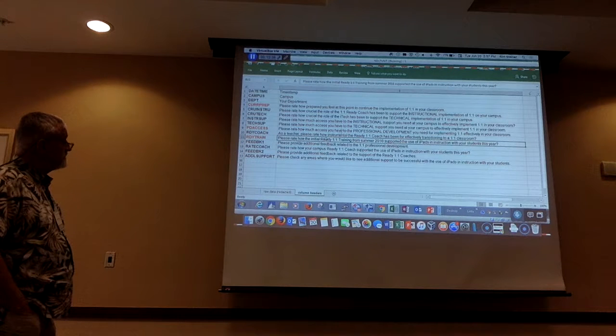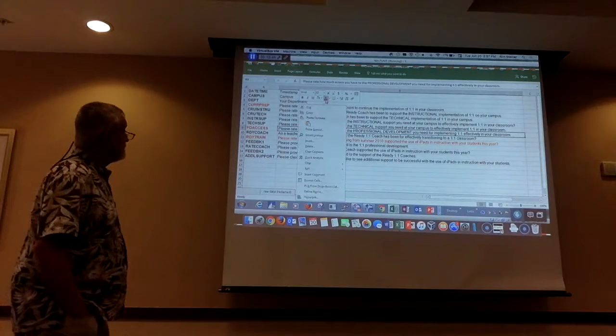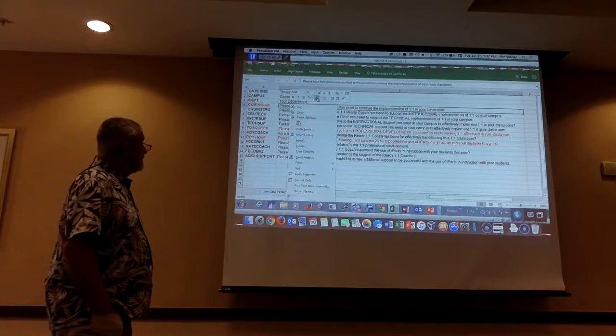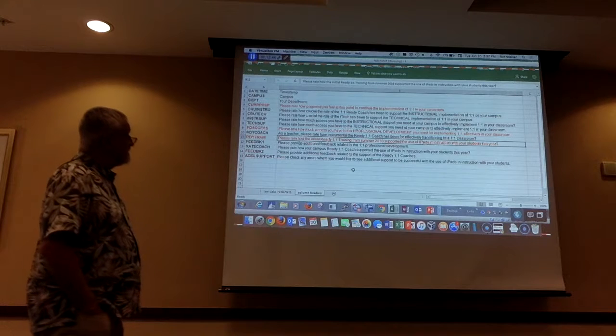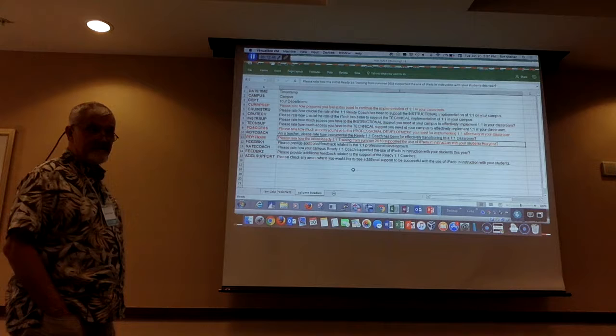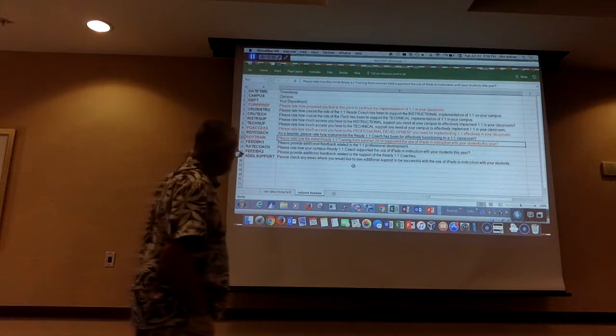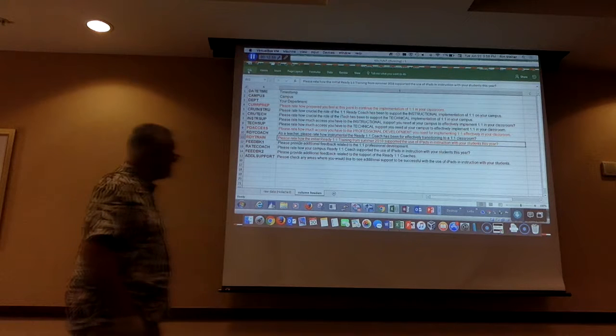Okay, so let's read them in order. I think curriculum prep was the strongest. Please rate how prepared you feel at this point to continue the implementation. Okay, how prepared are you to implement? So what's the next one? PD access. Rate how much access you have to the professional development you need.